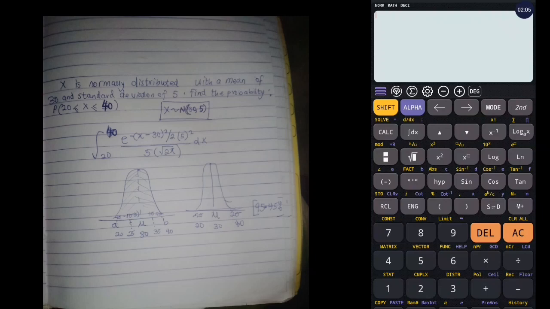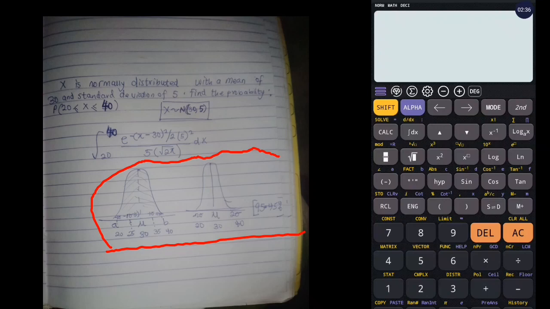So looking at this carefully, you will see that 20 and 40 are in the range of 2 standard deviations, because 30 going back one standard deviation is 25, going back 2 standard deviations is 20, going forward 1 standard deviation is 35, going forward 2 standard deviations is 40.